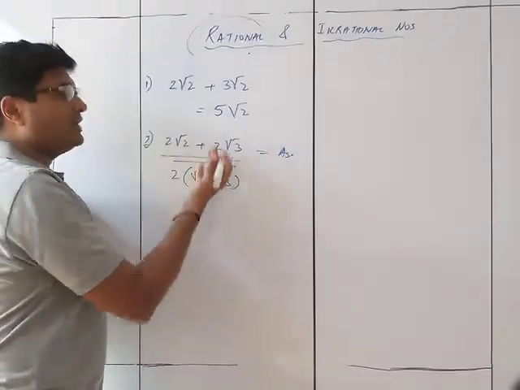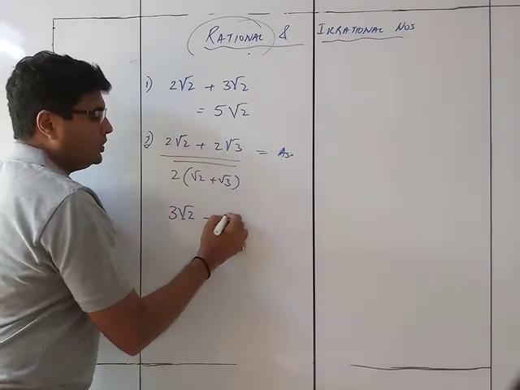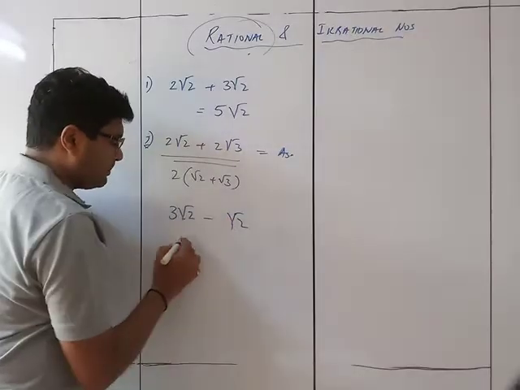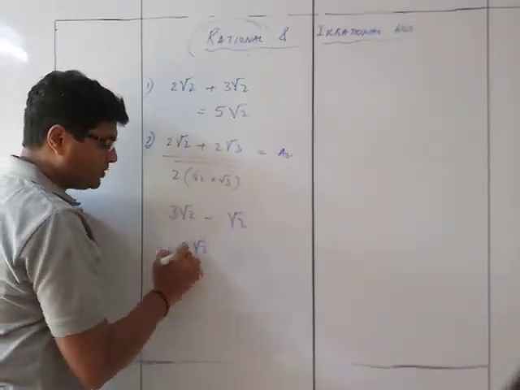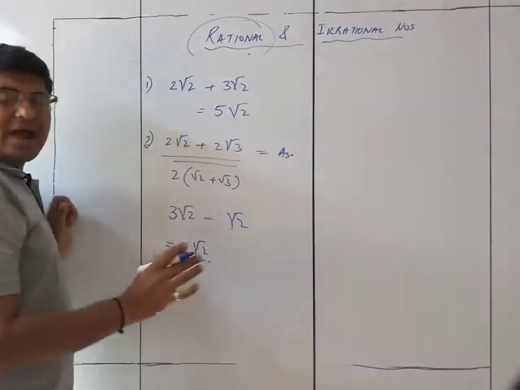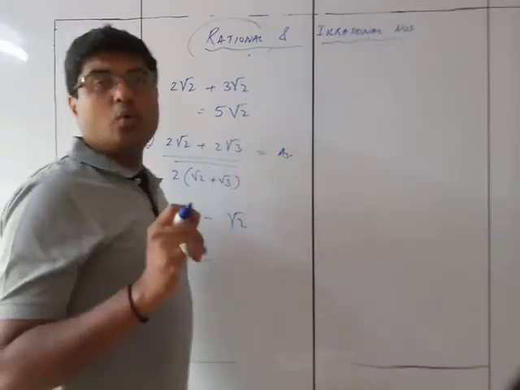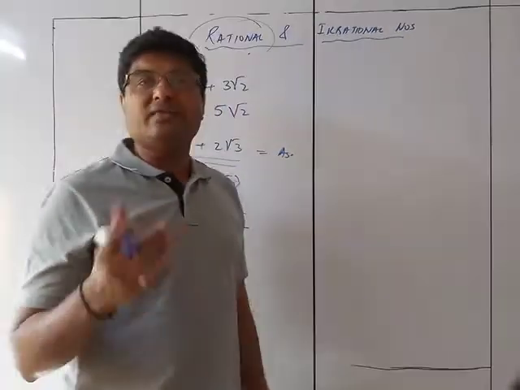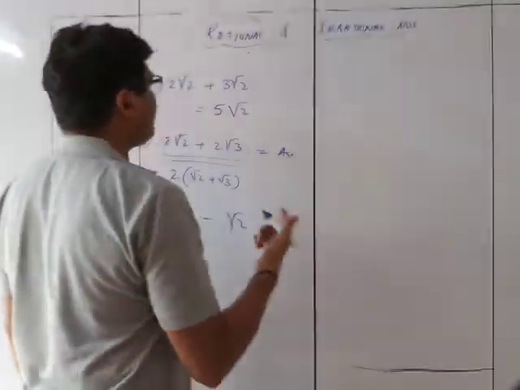So in addition or subtraction, same with subtraction, 3 root 2 minus root 2 will be nothing but 3 minus 1 is 2, so it will be 2 root 2. That will be the answer. So in addition and subtraction, whether it is root 2, root 3, whatever it is, if it is the same, if the variable, you can consider it as a simple variable, so if they are same, only then you can add or subtract. What happens when you multiply?